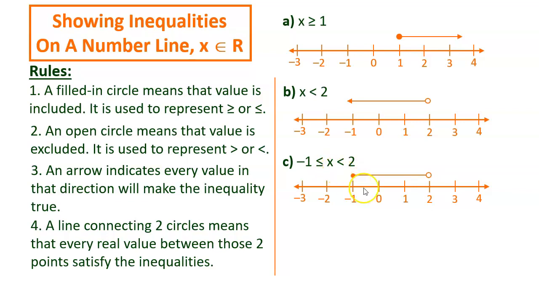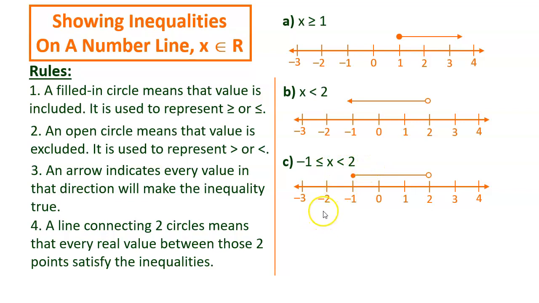All these numbers will be present in the solution set of x. -1 is present in the solution set of x, whereas 2 is not present because x is less than 2.